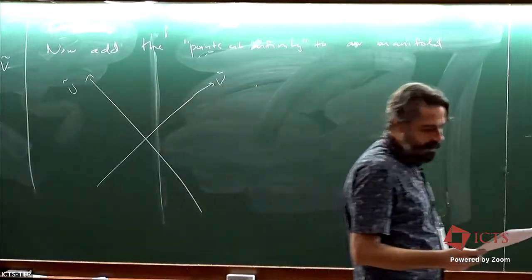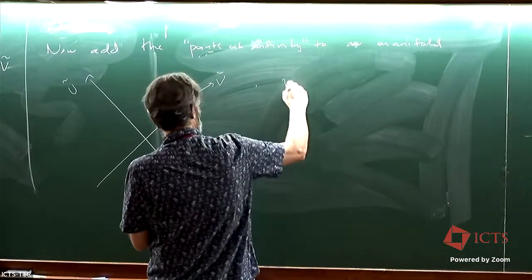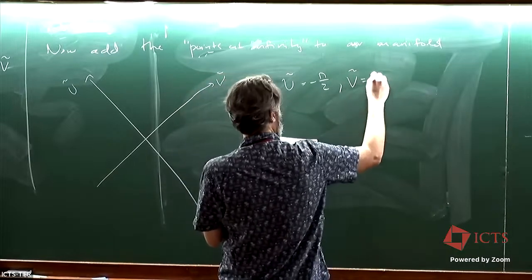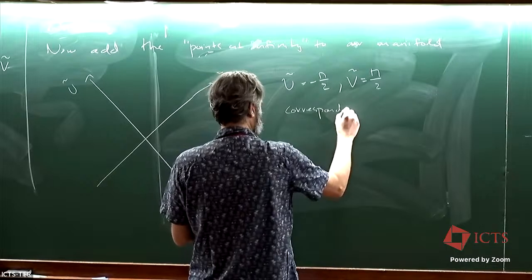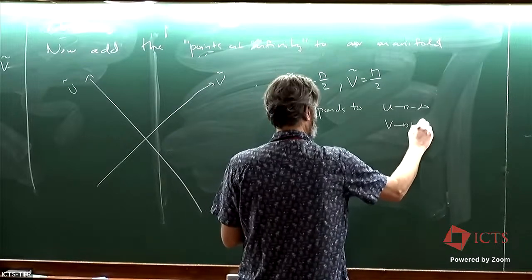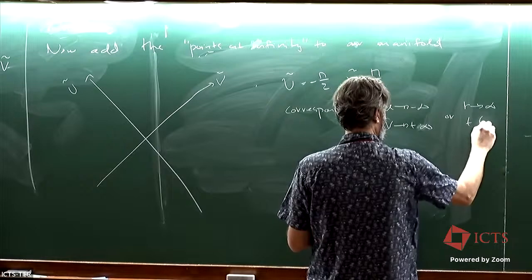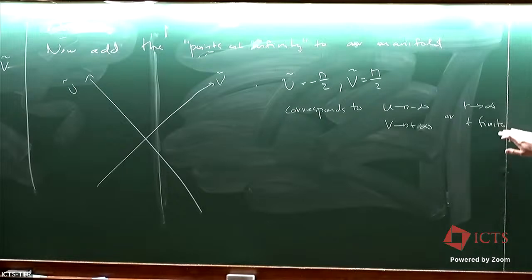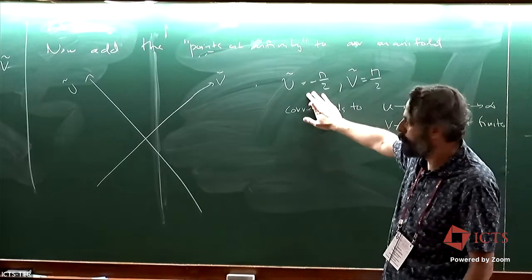And which are the points at infinity? Well, I'm going to list them here. So I'll have u twiddle minus pi halves, v twiddle pi halves, which corresponds to, if you follow the coordinate transformations, if I push r to infinity and I keep t finite, then u will go to minus infinity, v will go to plus infinity, and that corresponds to that point, right?